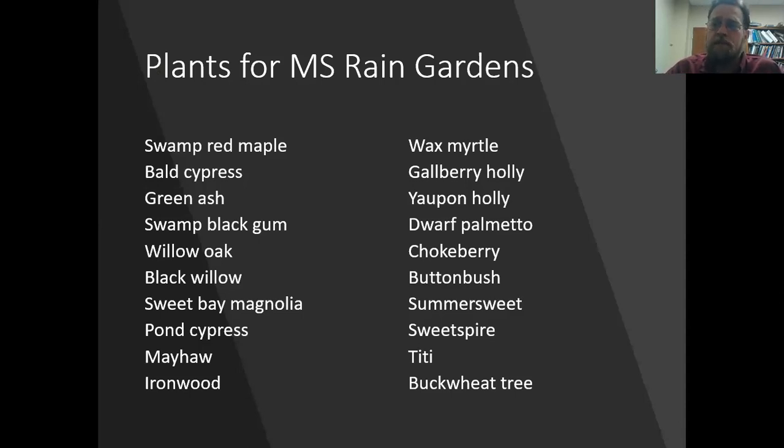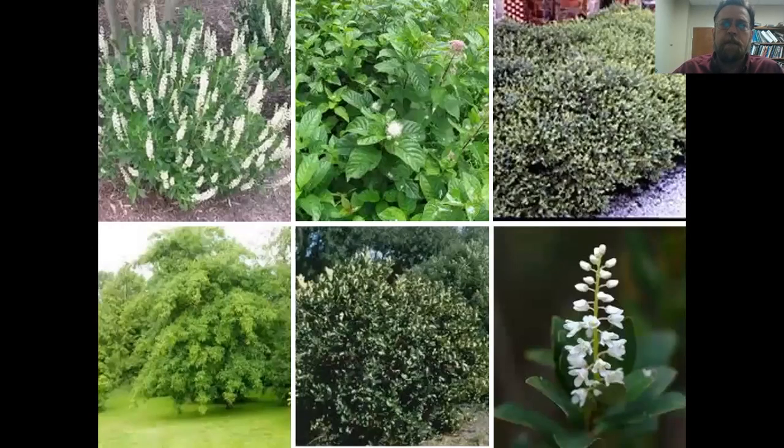Not only do they produce a fruit that you make an excellent jelly from, but they also have absolutely gorgeous flowers and make a really good specimen tree as well. Get those hollies in there, some sweet spire or button bush, all of those really good options for rain gardens.